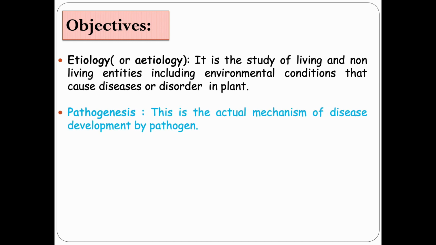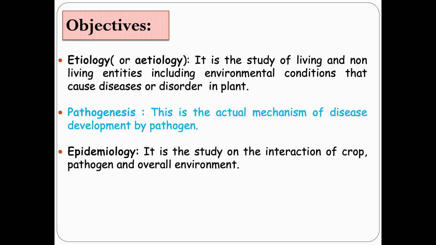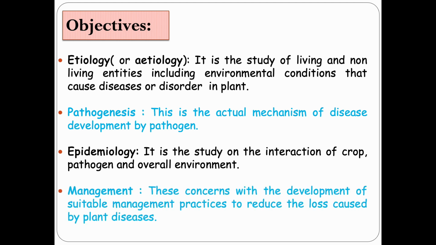This is the actual mechanism of disease development by a particular pathogen on a particular host, that is the crop. Epidemiology is the study of the interaction of the crop, pathogen and overall environment. Management is another objective, concerned with the development of suitable management practices to reduce the loss caused by a particular plant disease.